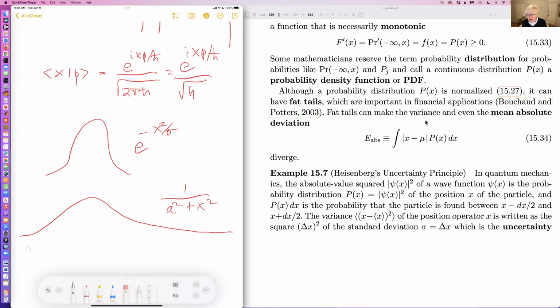And these occur in finance, and in fact, things in finance have sometimes remarkably fat tails. One thing that I read, for example, is that if you look at the Dow Jones Industrial Average of stock market prices over something like 40 years, somebody did this, and don't quote me exactly on this.